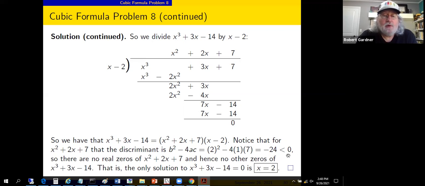Ooh, that's negative. So there won't be any real zeros of this. We know by the quadratic equation, and so we've thoroughly analyzed this one. 2 is a root, and it's the only root of this third degree polynomial. Excuse me, it's the only real root of this third degree polynomial. So on that sad note, we'll bring section 4.5 to an end.